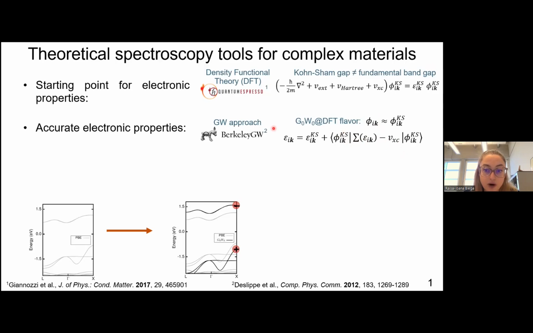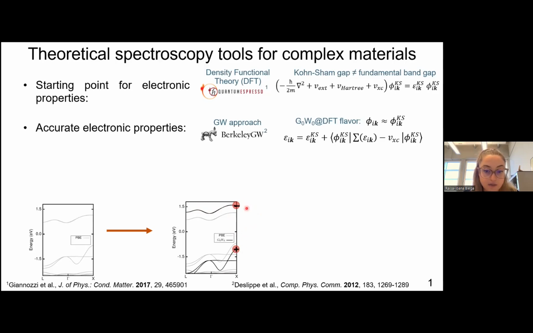So when you do this, then you get a more accurate electronic picture, so band structure. This is here represented in black, and then you get an opening of the band gap very well.